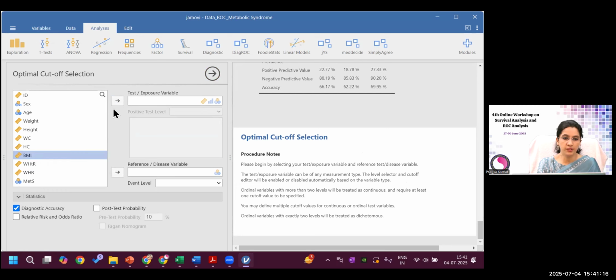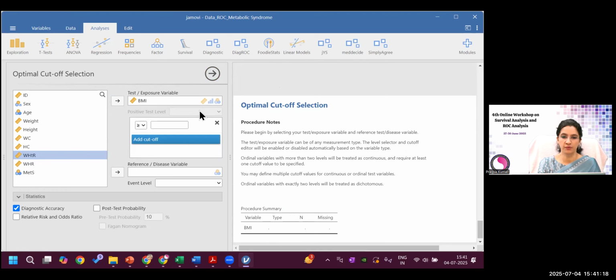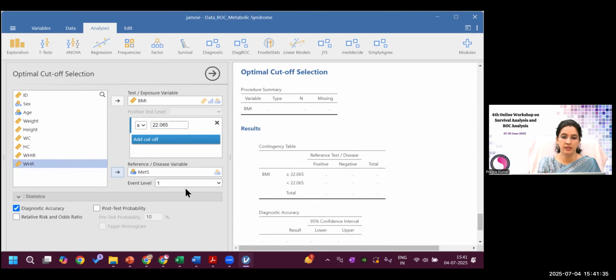I am using the BMI as a cutoff. And what is my value? More than or equal to 22.065. This is my cutoff, which I took from the ROC analysis. And my reference variable is METS. This is my disease variable where 1 is the event.